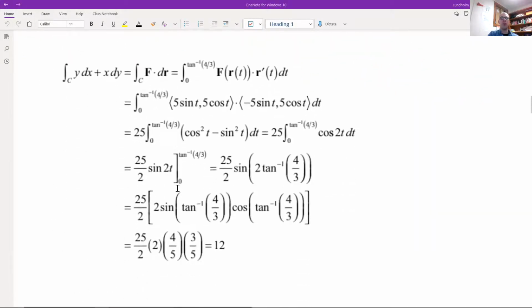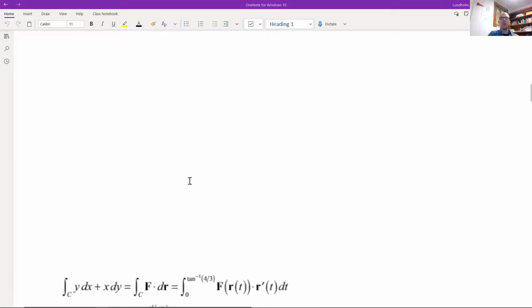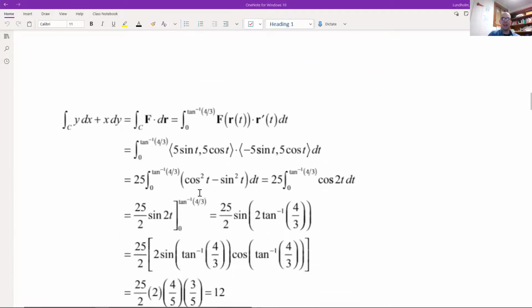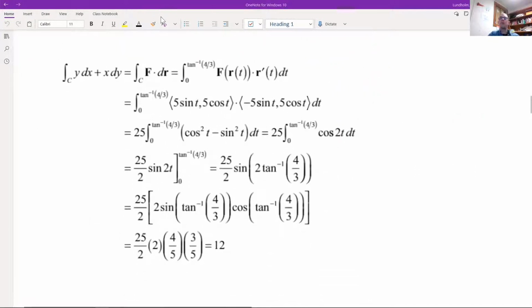Yesterday, if we were to do that problem, we would have had to parameterize this path. I guess this says this is the part of the origin-centered circle of radius 5, starting at 5, 0 and ending there. So we would be going counterclockwise. And notice I didn't even make use of that in this problem at all. I didn't care about the path because we used the fundamental theorem of line integrals. Yesterday we would have had to parameterize that path, and maybe we would have used cosine and sine like we'd done before.